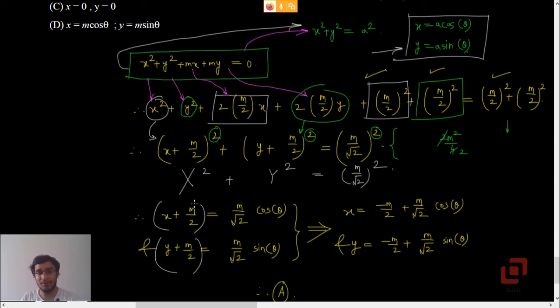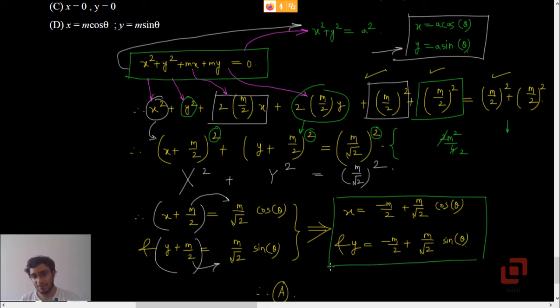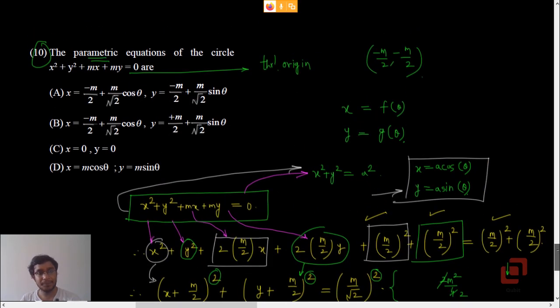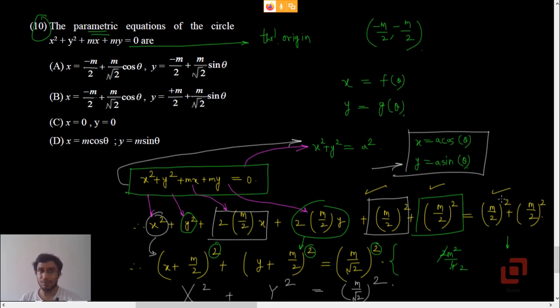Then what you have to do is simply shift m by 2 to the other side. So it will be negative m by 2, negative m by 2. Alright, so these are the parametric equations of the circle. A slightly different problem, but nonetheless worth solving.